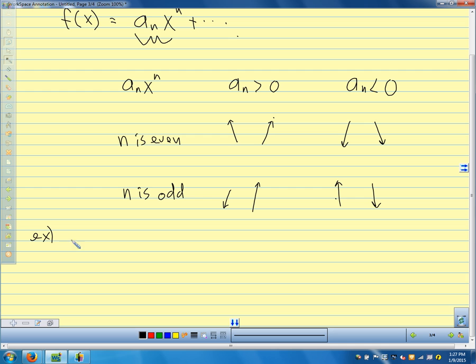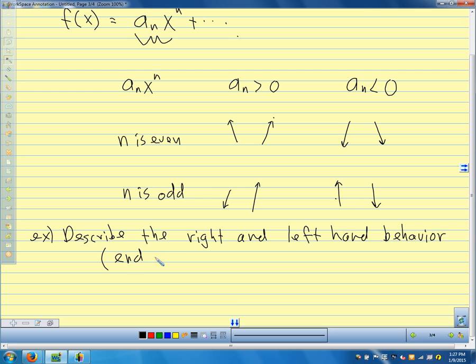So an example would be: describe the right and left hand behavior. The other way you might see it asked is the end behavior.